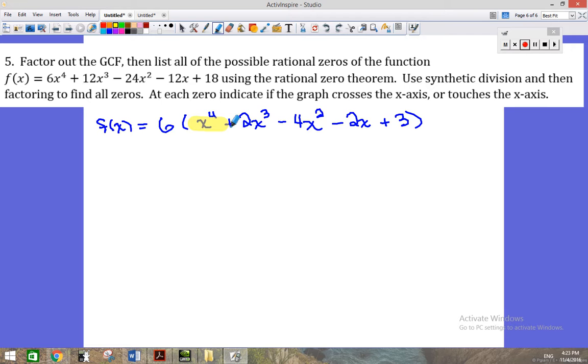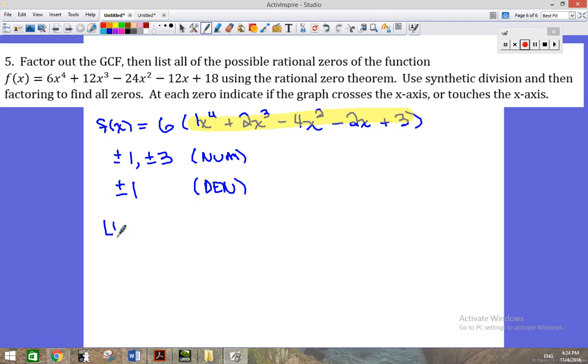And now I'm focusing my attention on this factored polynomial. When I look at the constant term of 3, I'm interested in the factors of 3, which are positive or negative 1, positive or negative 3. The leading coefficient is 1, which just has factors of 1. The factors of my constant term go in the numerators, and the factors of the leading coefficient are my possible denominators.